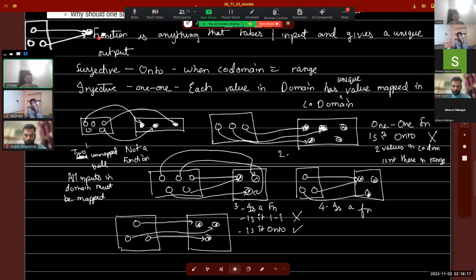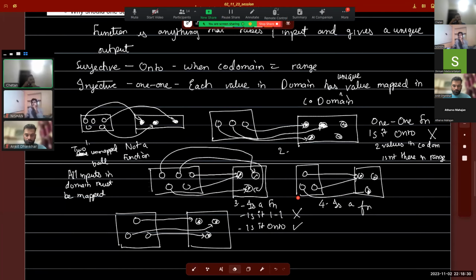Yes, we can, right? Because every element in my domain is actually mapped to some element in the codomain. So I can think of it as a function.